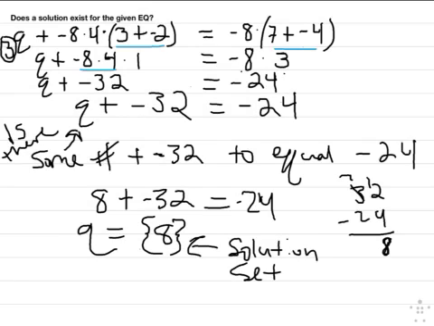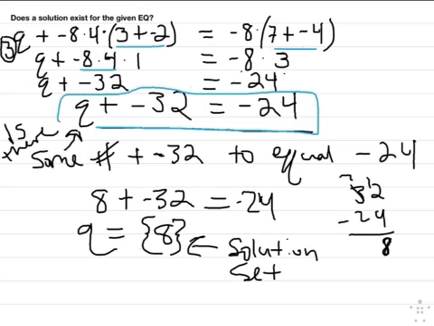That's the number 8. And that's the number that we can put in as Q to make this statement, I'll put this in another color, to make this statement true. So my solution set is just what numbers I can put in here to make this statement true. Okay, and in this case we have 8.